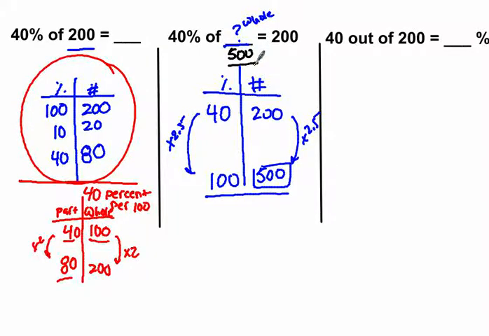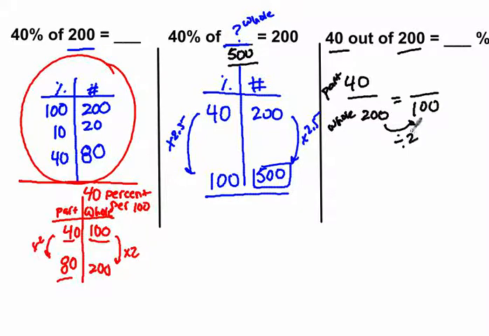And you could think how you could have done this using the other strategy as well. In this case here, we're just given two parts, or a part out of a whole. So now we know the part is 40. Now this is a part-whole relationship, and it's out of 200. Well, remember, percents are out of 100. So 40 out of 200 equals, now we have to just divide by 2, is 20 out of 100, or 20%.